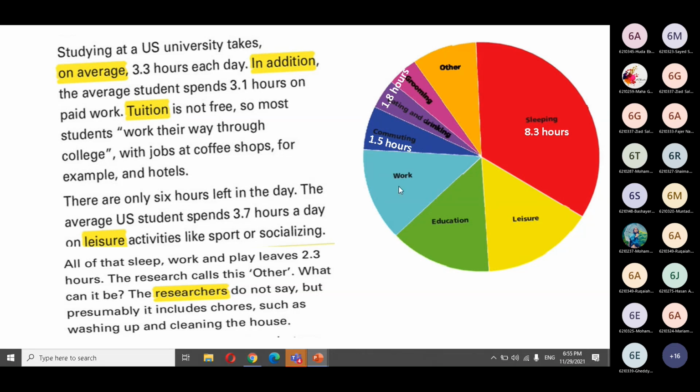So which one is left? Leisure and other. Okay. How much time do they spend on leisure activities? 3.7. Yes, 3.7, correct. Okay. Other.